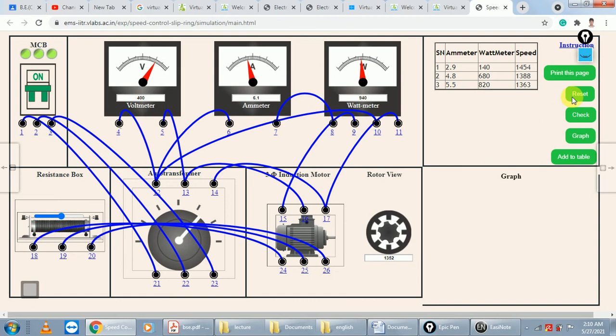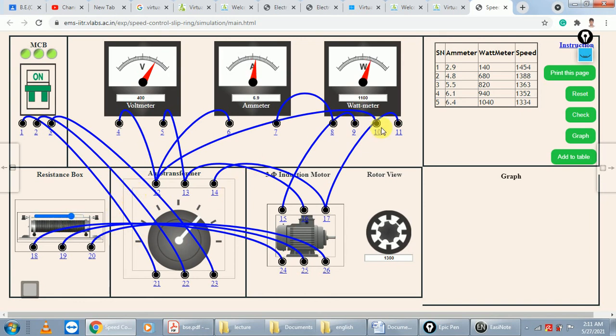Click on add to table, current is 6.1 ampere and power consumed is 440 watt, and speed decreases. Click on add to table. This is the next reading, current increases, and this is the wattmeter reading. So power consumed by this induction machine is 140 watt and the speed is 1334 rpm.